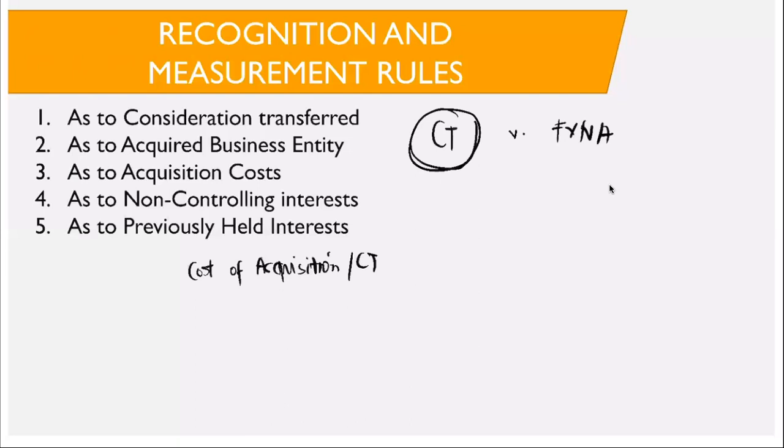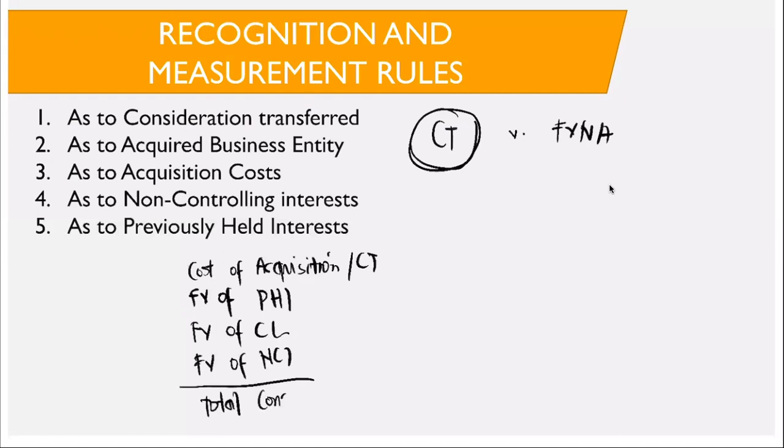Next, we have your fair value of previously held interest. Next, we have your fair value of contingent liability. Next, we have your fair value of non-controlling interest. This will give you your total consideration. And then we compare it to your fair value of net assets.